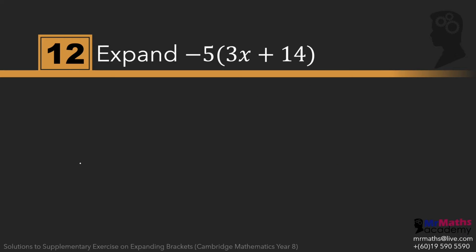Next question. Minus 5 to be multiplied by 3x plus 14. So I enclose minus 5 inside its own bracket and multiply that by 3x plus 14.